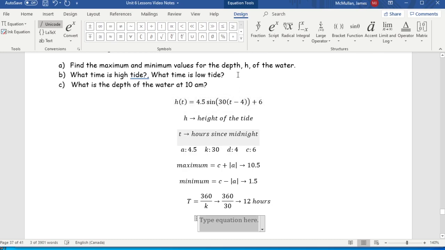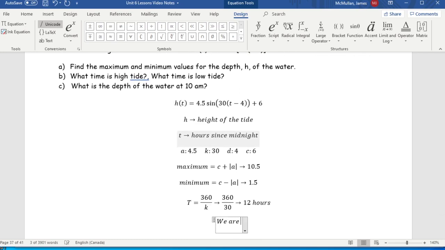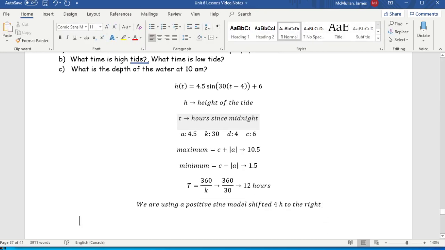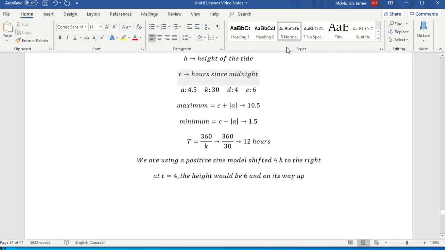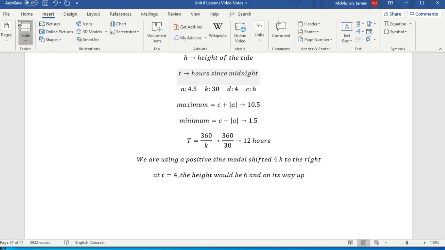Now consider our model. We are using a positive sine model shifted 4 hours to the right. In other words, at t equals 4, the height would be 6 and on its way up. Okay, so let's draw a quick table for this.